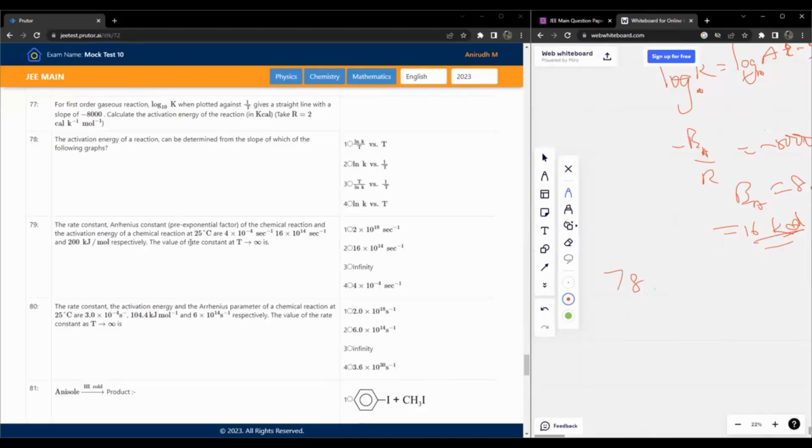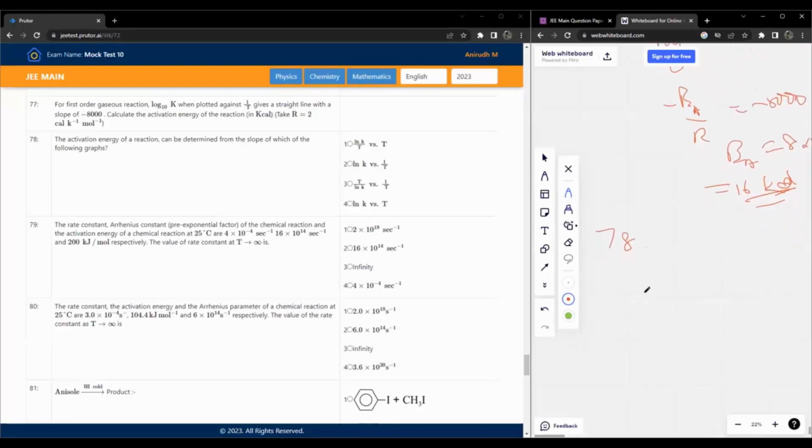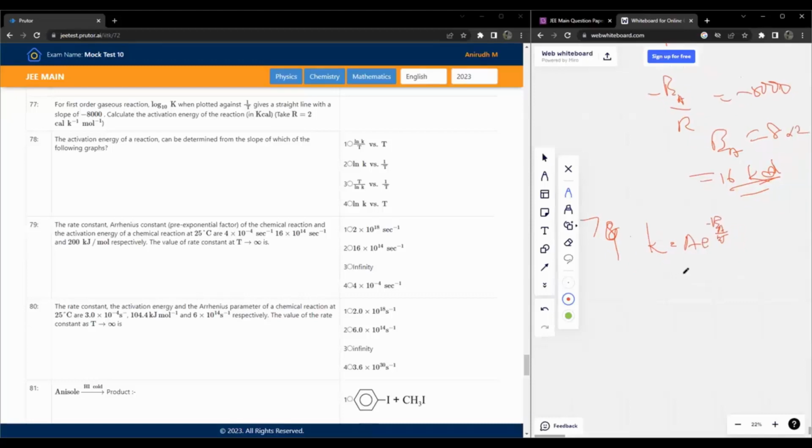The rate constant, the Arrhenius constant of a chemical reaction, are 4. The value of rate constant as T tends to infinity is. All right, this is 79. So K is A power minus Ea by RT. As T tends to infinity, this tends to 0 and K tends to A, right?